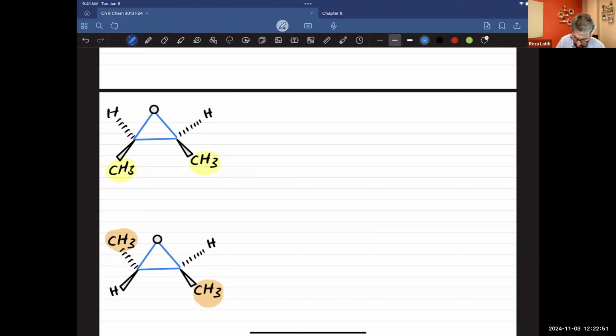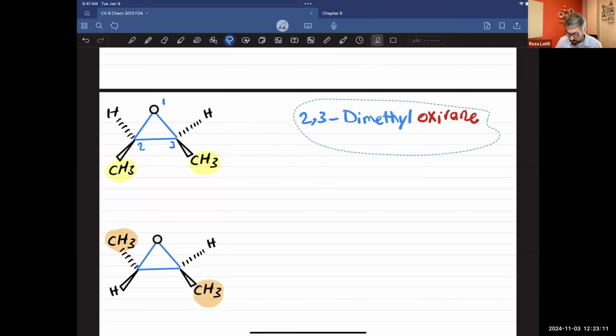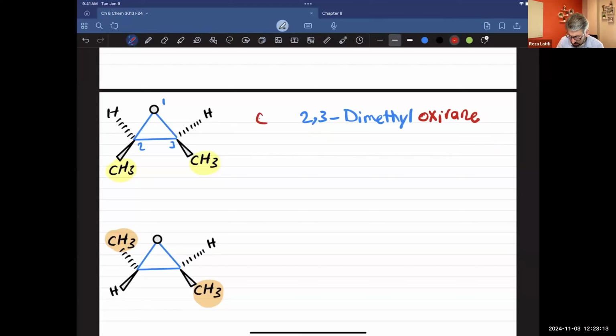So we can say we have 1, 2, 3, and on 2 and 3, I have dimethyl. Then I say oxirane. Now I want to say those methyls are in the cis position. So how about this? Cis-2,3-dimethyloxirane.